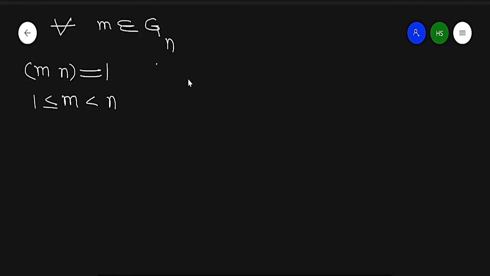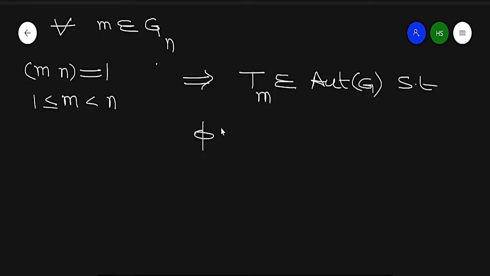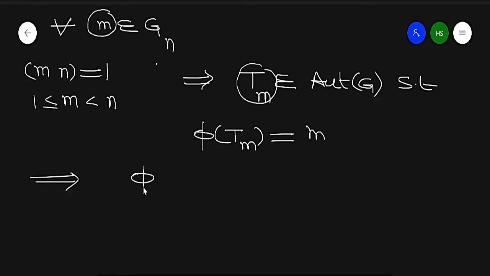It implies Tm belongs to the automorphism of G. As we proved, because it is a generator, we can find Tm belonging to the automorphism of G such that phi of Tm is equal to M. So this integer has a pre-image, and this mapping phi is onto.